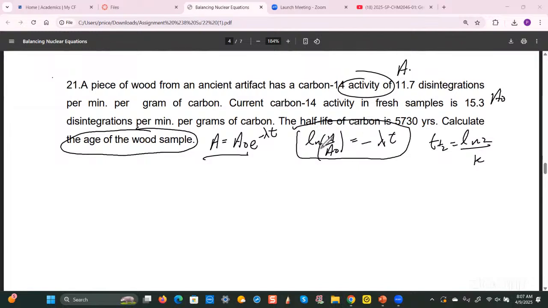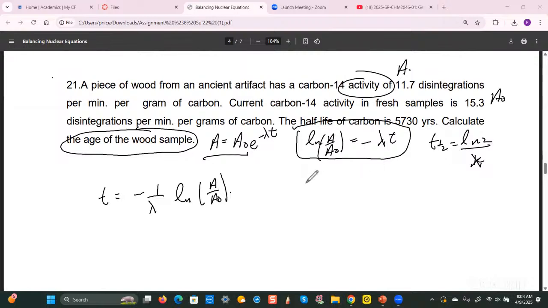So what I would do is rearrange this to get t is equal to minus 1 over lambda ln A over A0, all right? And what I would do next, this should be lambda here, I would put in the numbers here. As I said before, A is the 11.7, A0 is 15.3, but first I would find out what lambda is.